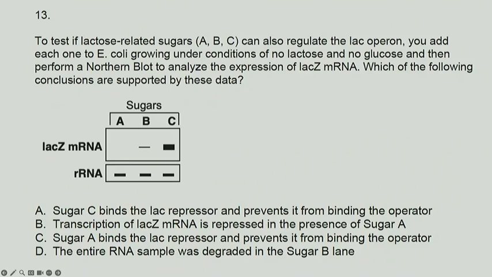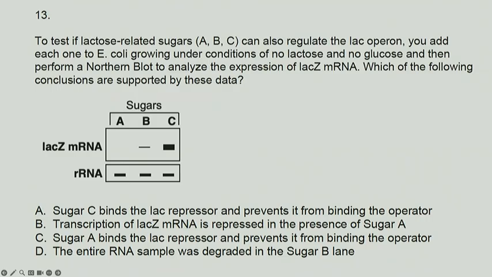How does lactose regulate the repressor? It binds to the repressor and it releases it from DNA. So the repressor searches for a particular sugar, in most cases lactose. When that binds, it is released from the DNA and you get transcription.